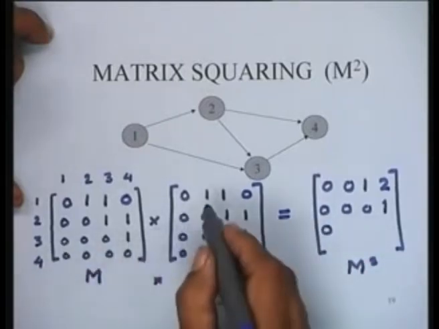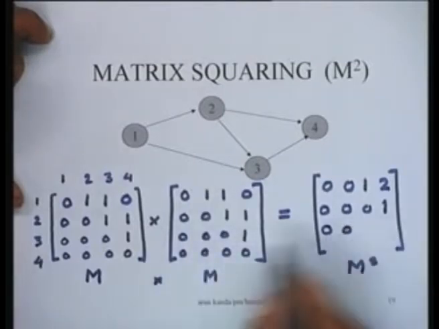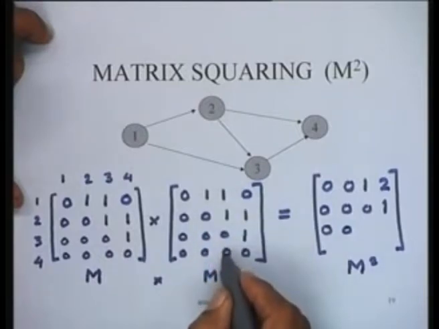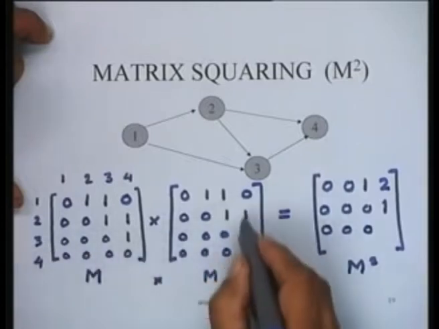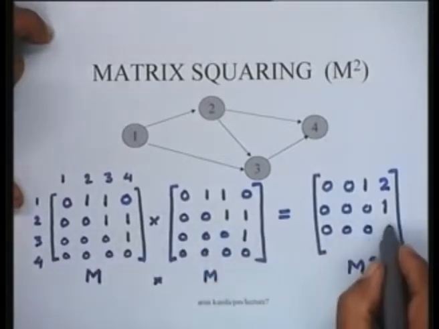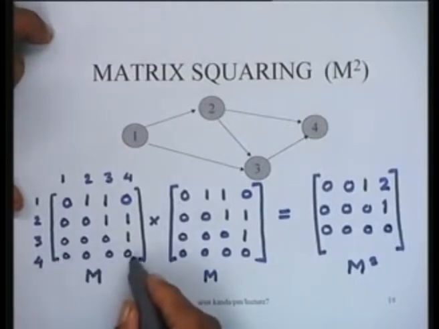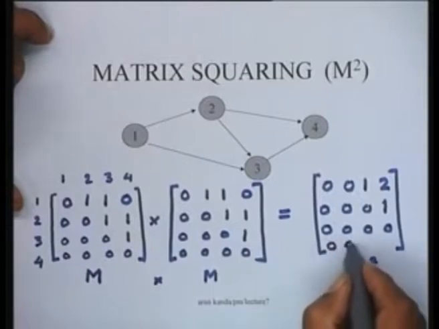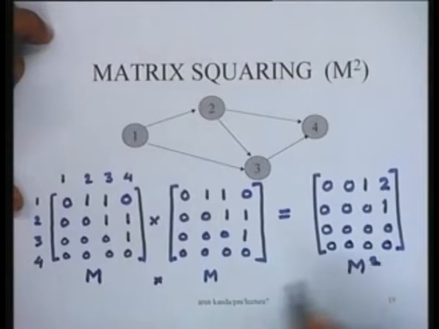And the fourth row is all zeros, so everything becomes zeros here. So my M square value is actually this.